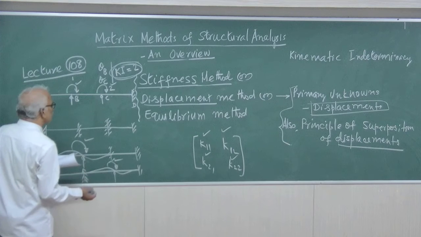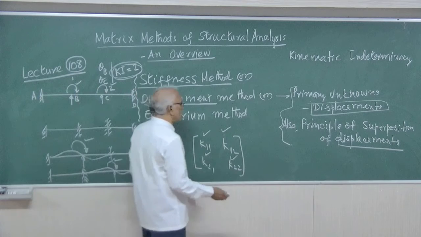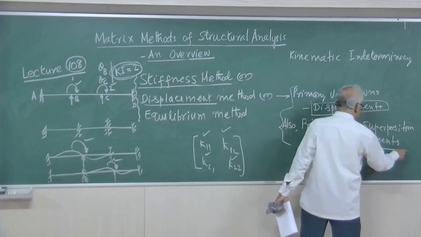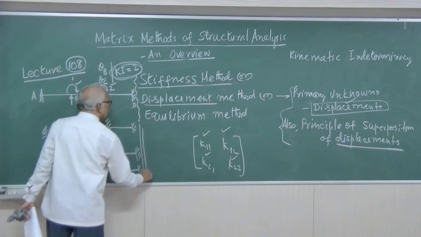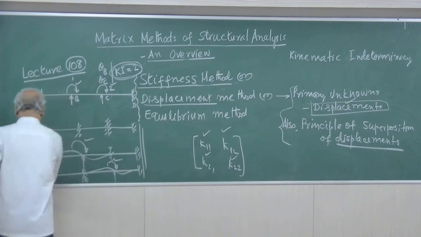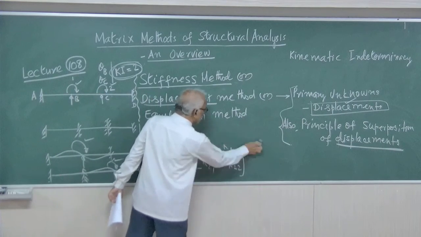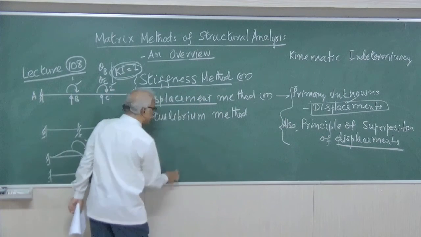So that is why this method is called a displacement method. The primary unknowns are the displacements, and we are making use of the principle of superposition of displacements as discussed here. Right. The other name, namely equilibrium method, is because we are using the equilibrium equation for the analysis.